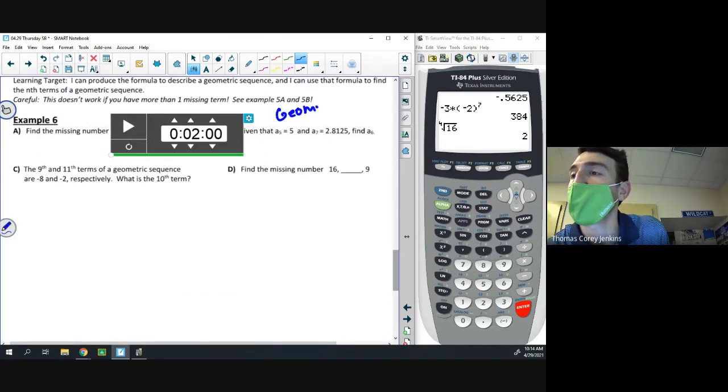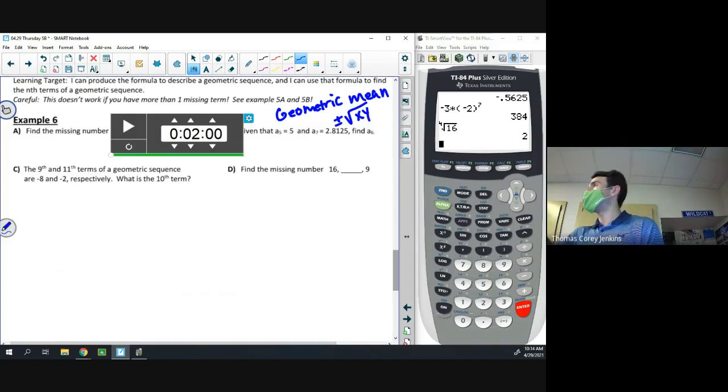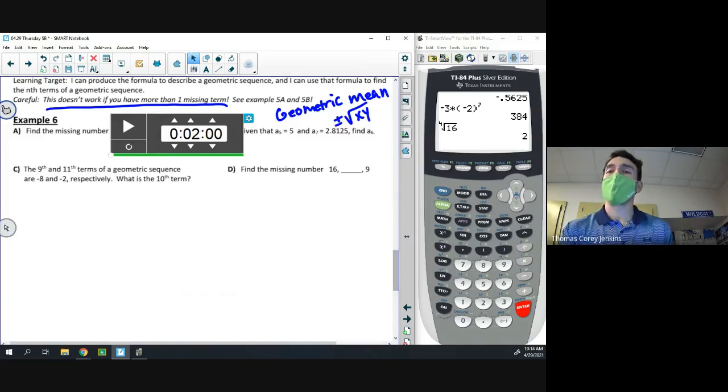So the geometric mean is what they call this, is plus or minus the square root of x times y. And that's on the next page, again, just a placement error, so that's why I rewrote it. So I would also highlight this. It doesn't work if you have more than 1 missing term, okay? So this only works if you're bridging the gap for 1 term.